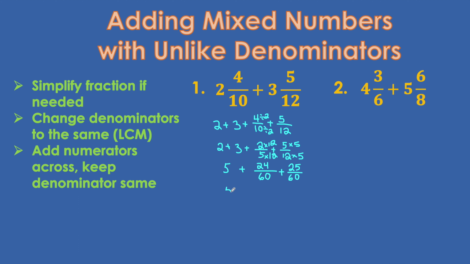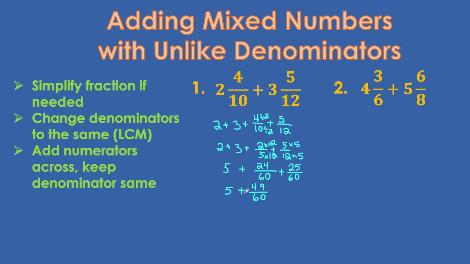Now we have 5 plus 24 plus 25 is 49. And then we just put them together.